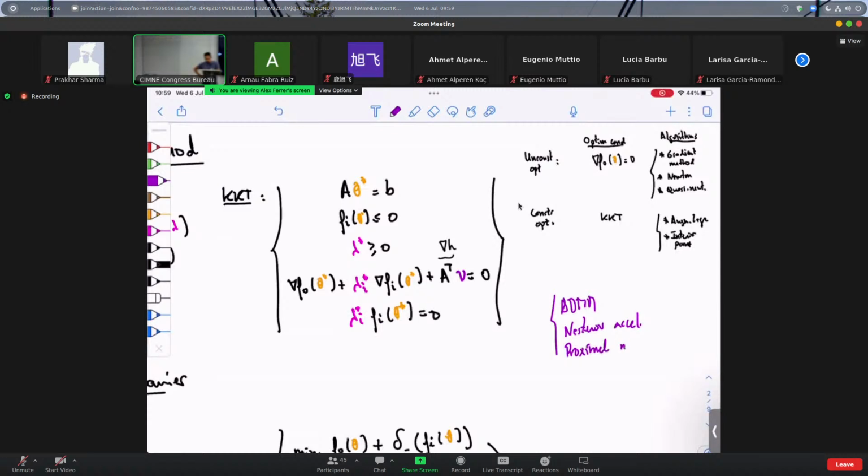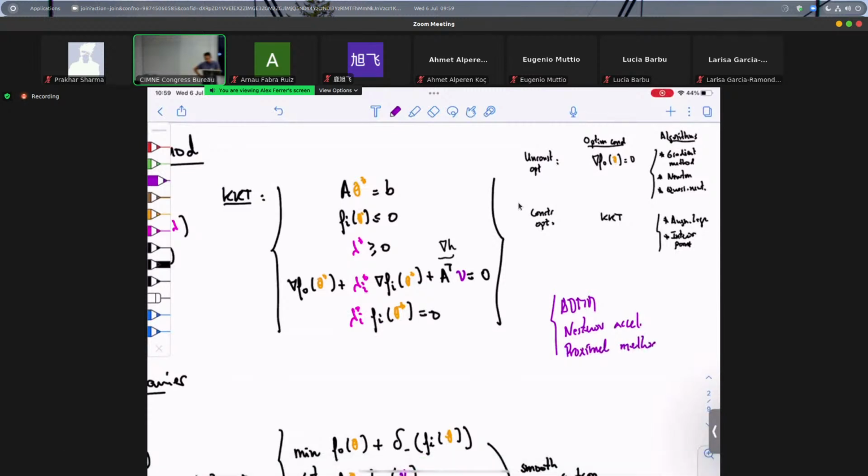These things are very used in image processing. You can find them in machine learning, of course, and you will find them also in mechanics. They are starting to appear in mechanics. We had here, in fact, a seminar at CIMNE speaking about contact problems with the alternating direction method of multipliers one month ago.